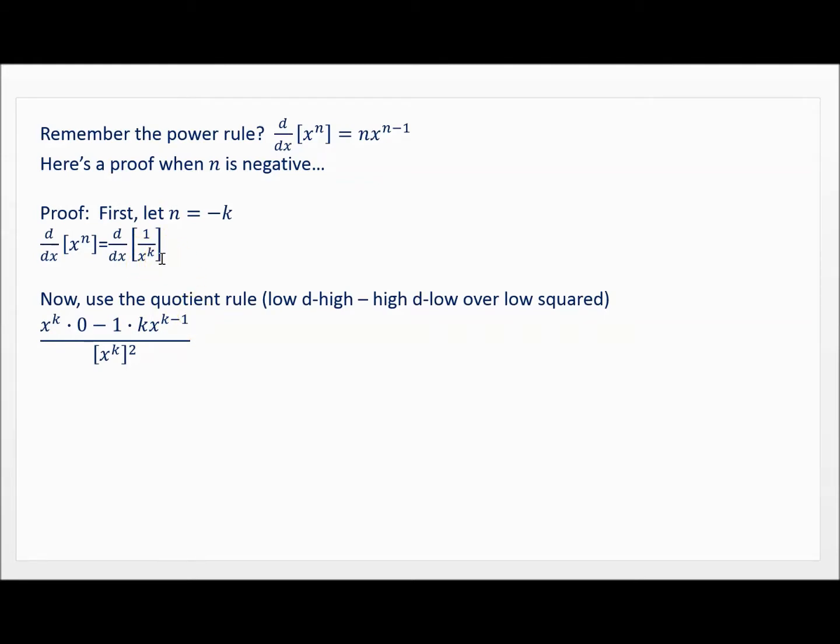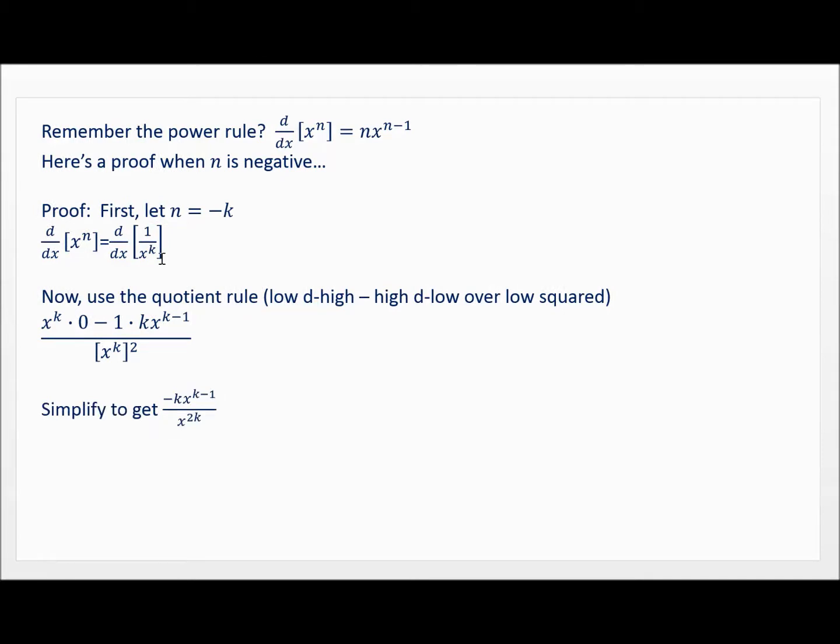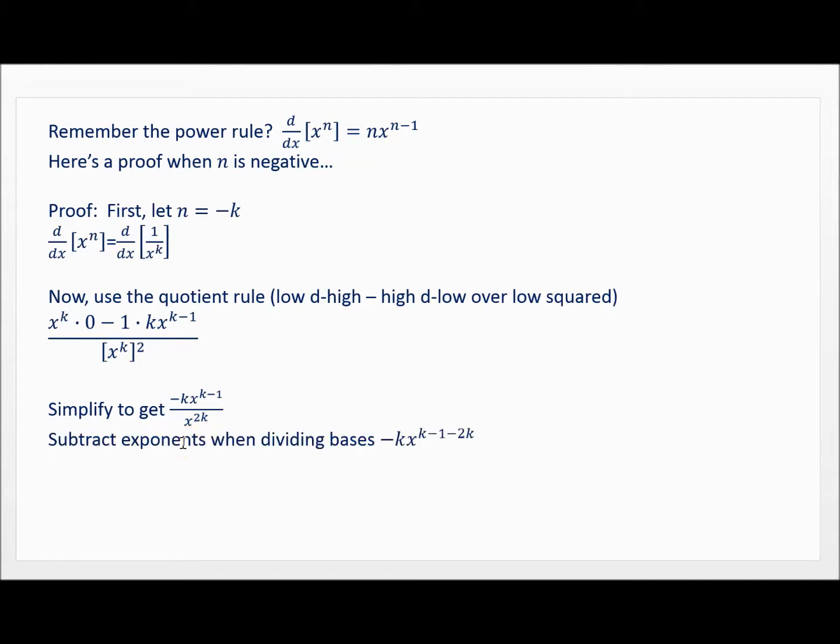Now, next step, let's simplify. So you see this term is 0. It's gone. Down here, I multiply negative 1 times kx to the k minus 1. And then, of course, when you have x to the k squared, you can multiply the exponents together to get x to the 2k. Now we need to continue to simplify. This is just algebra.